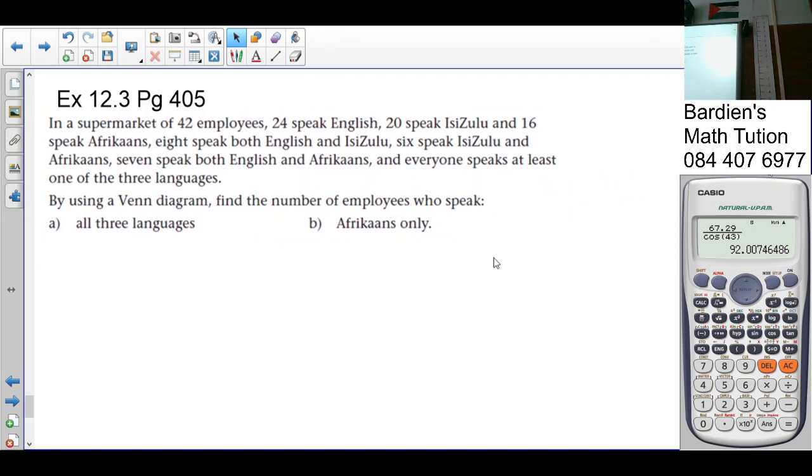Okay. So we are told in a supermarket of 42 employees. Right, let's do this quickly. We're going to do this together. So draw it. Your box, your three subsets.